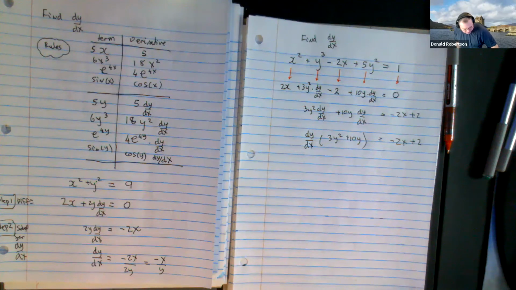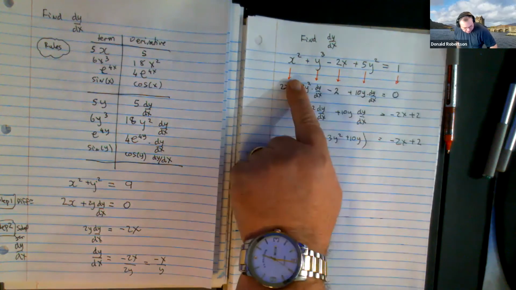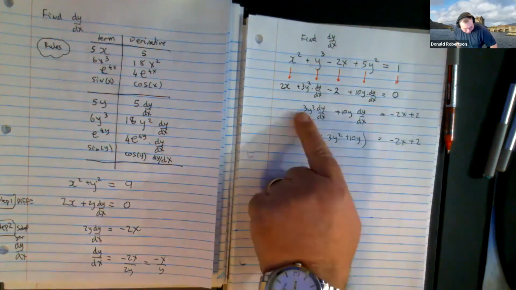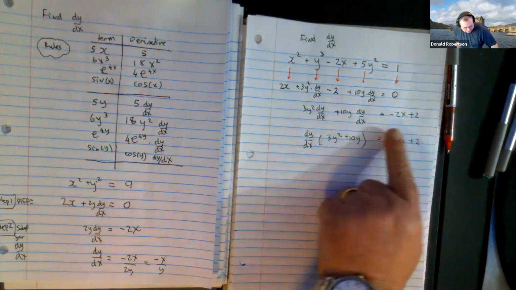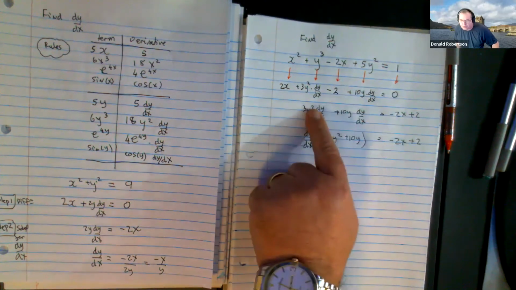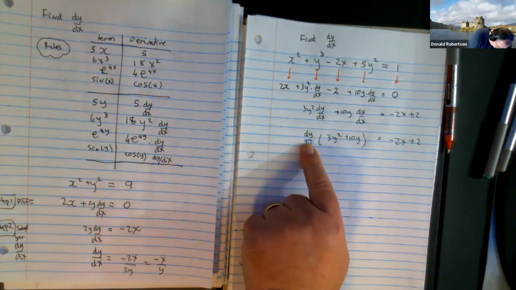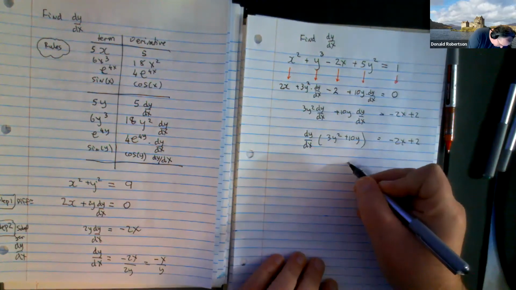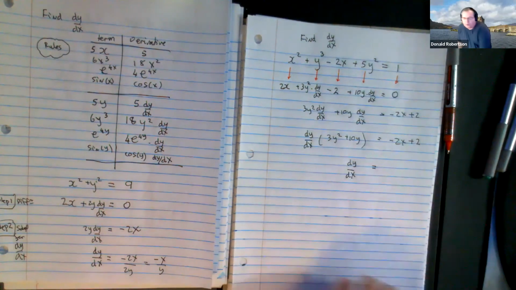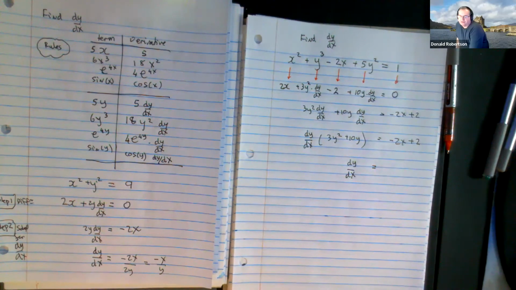Once you've done this, anything that doesn't have a dy by dx, get rid of it by adding or subtracting it from both sides. So the only things left have a dy by dx in them. Then pull this out as a common factor. And there's one last line. What should I do to both sides to get dy by dx, the derivative?